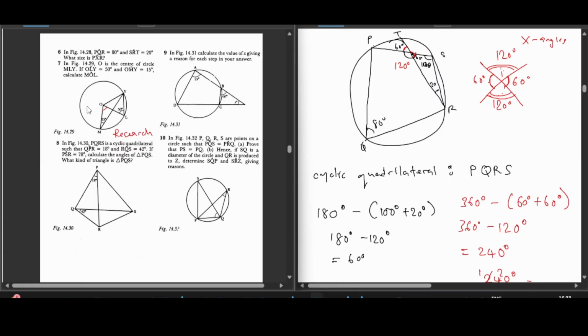I want you to do research on this question also. It's doable. Actually, I can give you a hint. This angle should be equal to that angle, angles in the same segment. That's a hint there. Then number 8 is a story with its own proof.